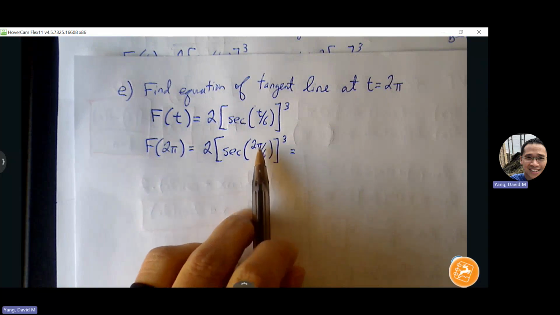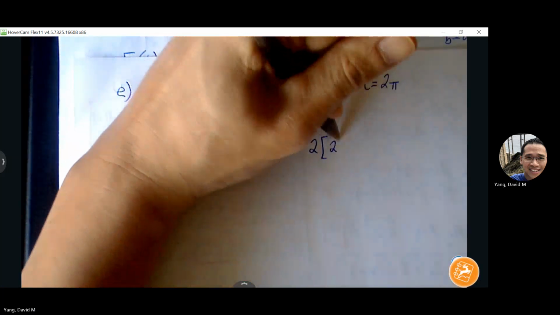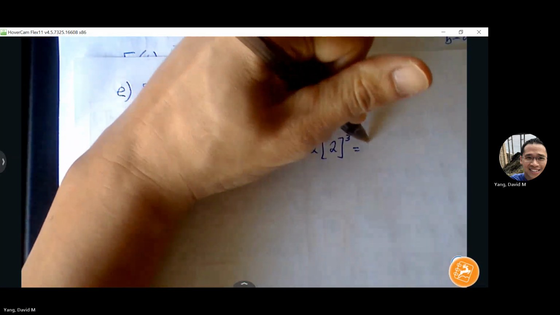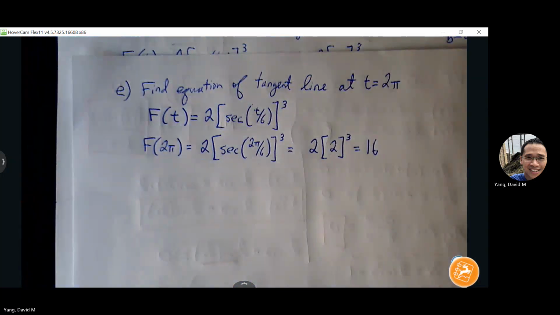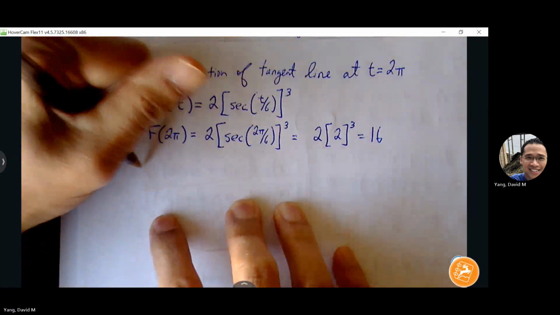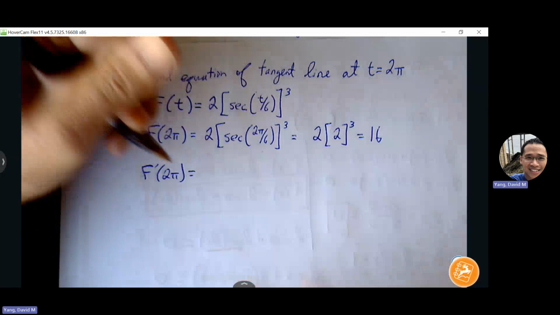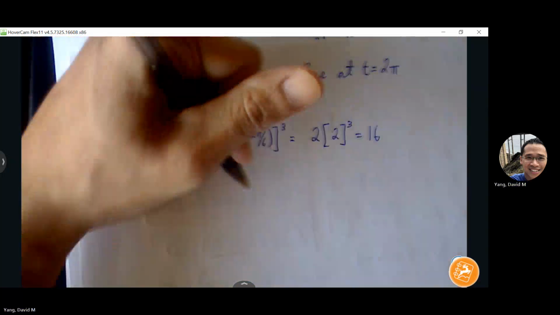Again, secant of pi over 3 will be 2. We already found f prime of 2 pi from earlier.